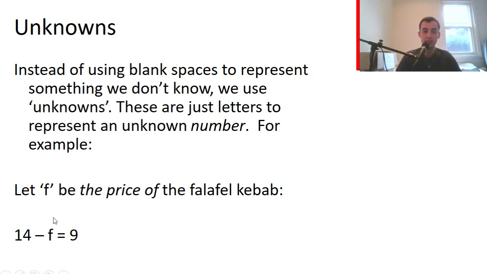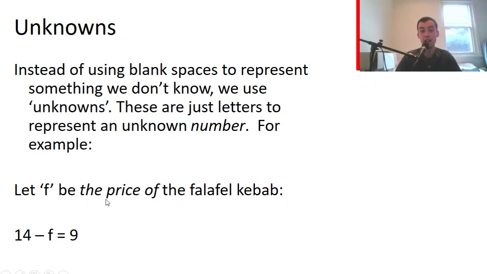And F is not a falafel kebab. We have to be very careful about that. F doesn't represent the falafel kebab. And the way you can remember that is if you translate this back to English, it can't be $14 minus a falafel kebab equals $9. That doesn't make sense, does it?